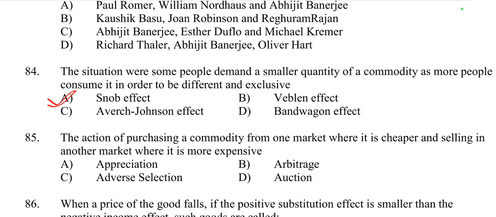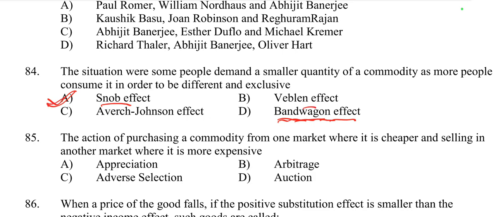It contrasts with the bandwagon effect. Bandwagon effect means people consume more as others consume. When other people consume, we also consume. When others are not consuming but I consume, it is called the snob effect, because it creates unique or prestige value. Some rare product I use, so it is called the snob effect.